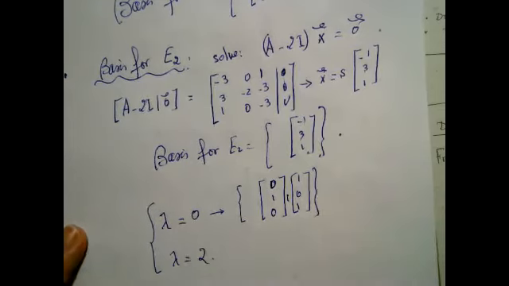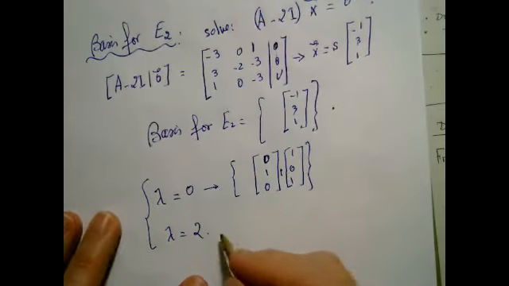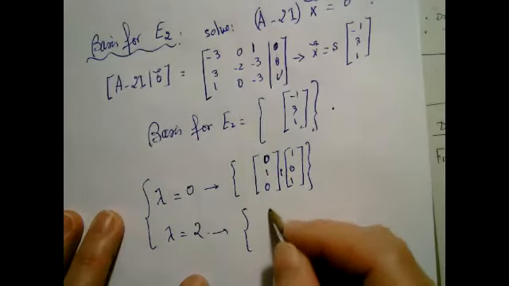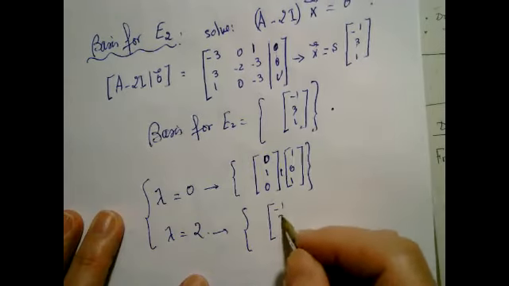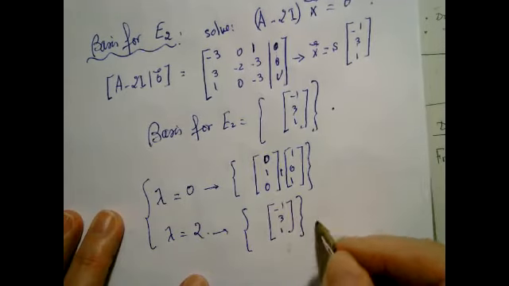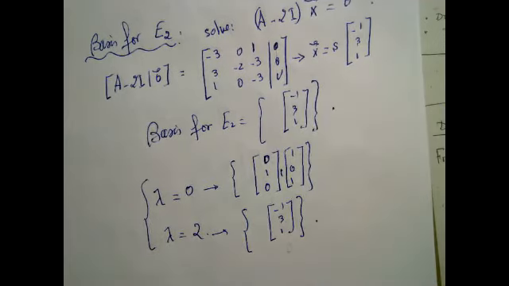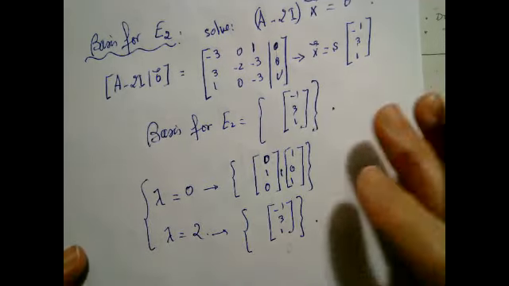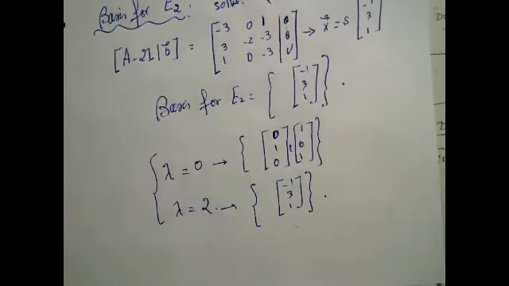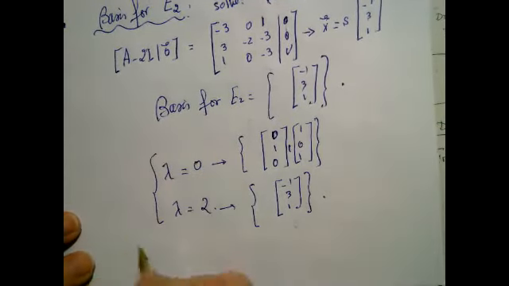Everything else is a combination of those. For lambda equal to 2, I have this vector, and everything else is a scalar multiple of it. So the question now is, do I have 3 linearly independent eigenvectors?